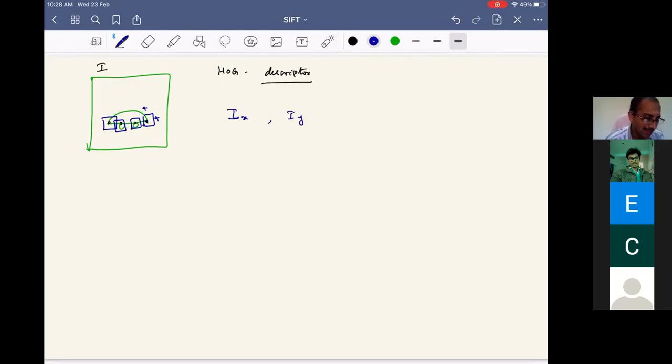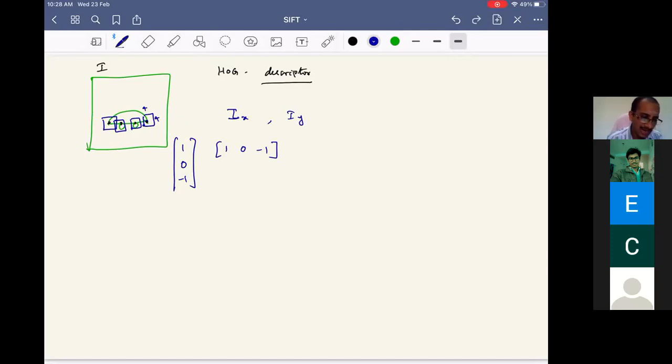We can calculate it using filters or the kernels to find out the gradients in x and y directions. To find the gradient in x direction, I think they might have used the central difference operator. So this is for computing Ix. Convolution with this will give us Ix.